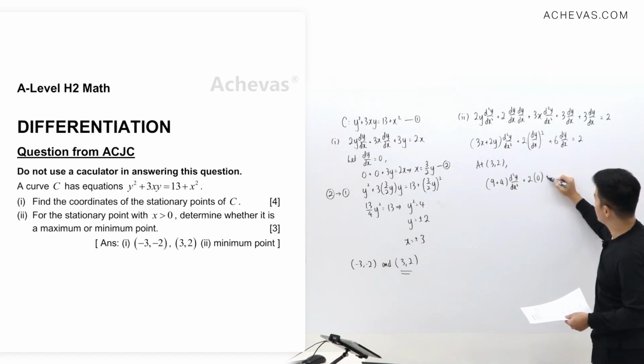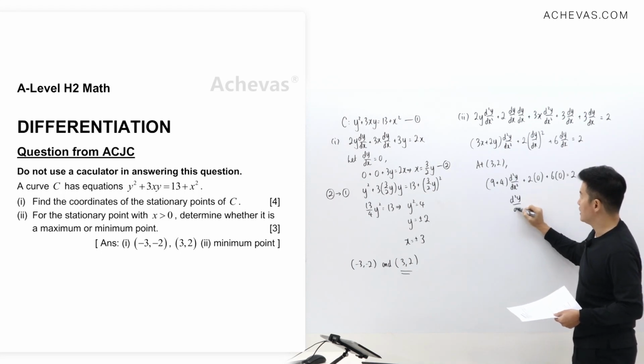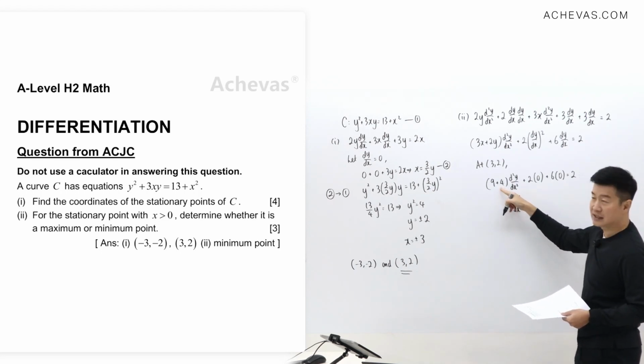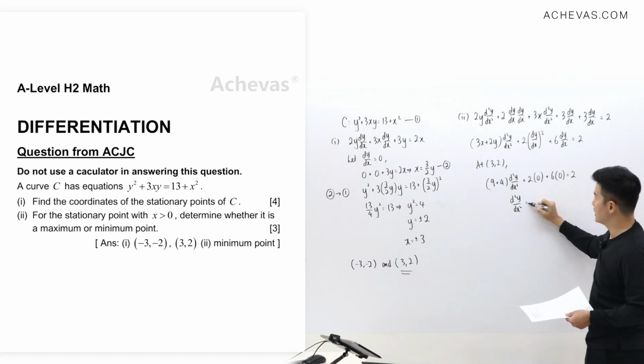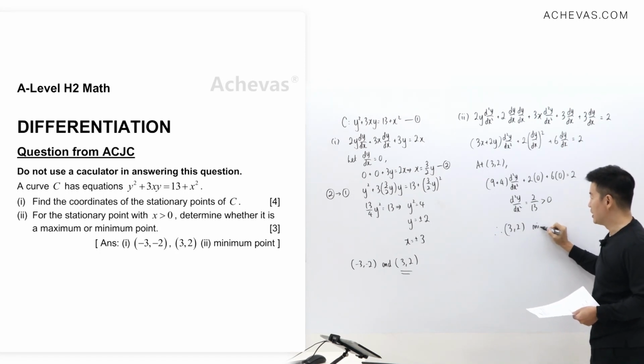So this will be 0, plus 6 times this will also be 0. This is equal to 2. This leaves us with 13 d squared y/dx squared equal to 2, dividing 13 across to the other side: 2 over 13. This is a positive value. Therefore, the point 3, 2 is a minimum point.